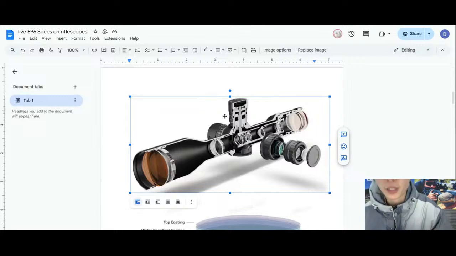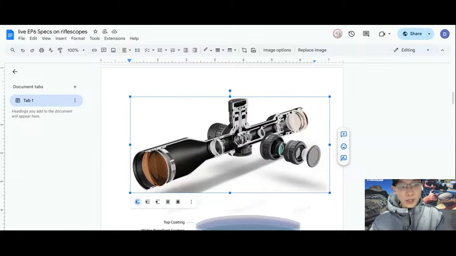So what happened? Why does it make the first focal plane rifle scope a little bit more difficult to design and also more expensive? It's because when the light comes in from the front, the only lenses that pass through before it goes through the reticle are the front objective and also the focus lens. So there's only three pieces of lens you can work with to correct the image.